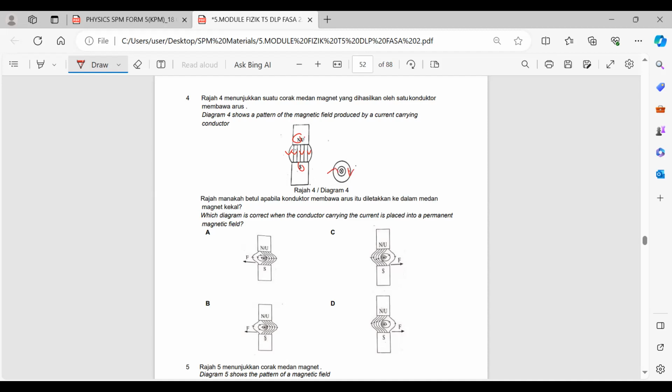Which diagram is correct when the conductor carrying a current is placed into the permanent magnetic field? So when this comes into it, what will happen? There will be an overlap between both magnetic fields.